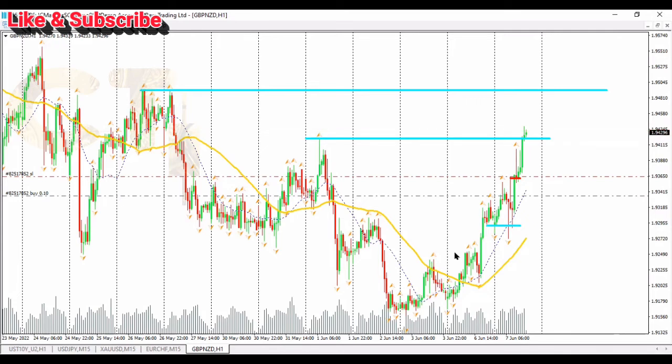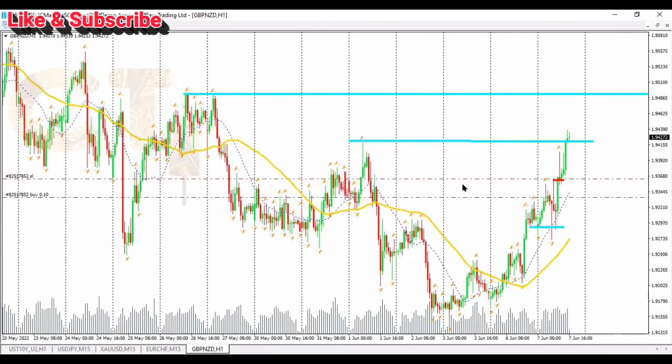Out of all the currencies, pound is doing better than the other ones, and that is one of the reasons why I think pound is going to do great today. I also looked at NZD as well, and I saw a few things in there.